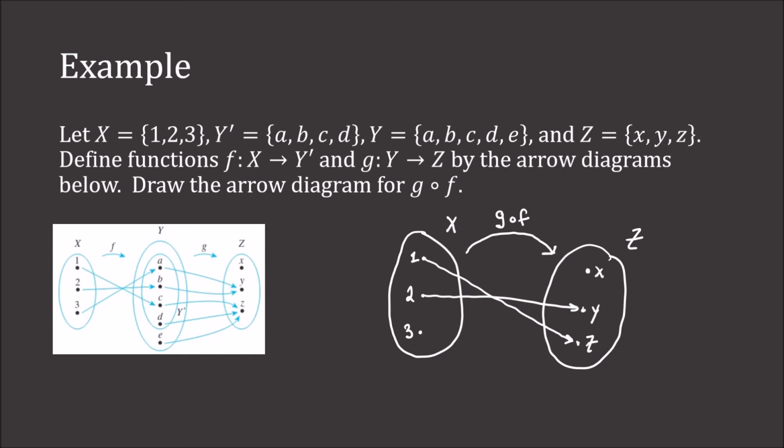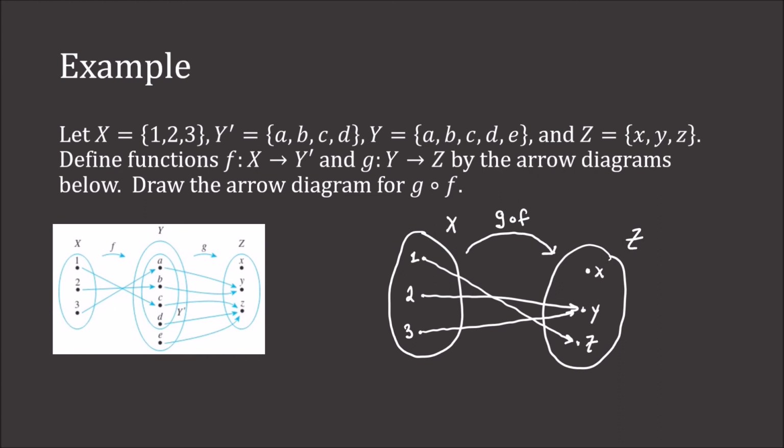So g of f will send 2 right to y. And then for 3, f sends 3 to a, and then g will send a to y. So g of f will send 3 also to y. And so there's our arrow diagram for g of f.